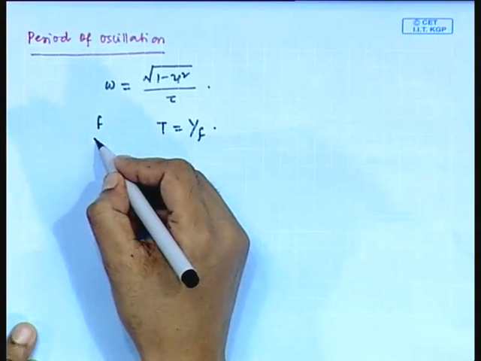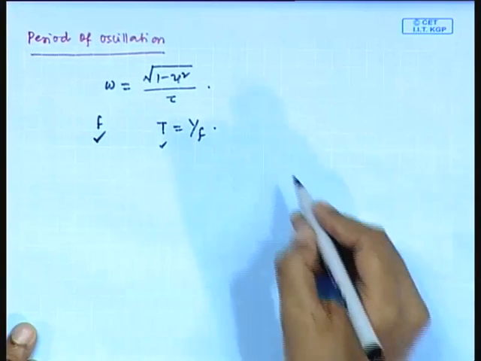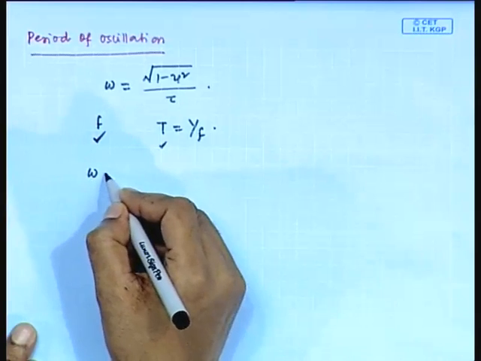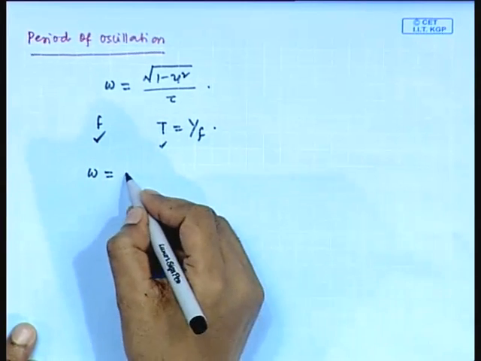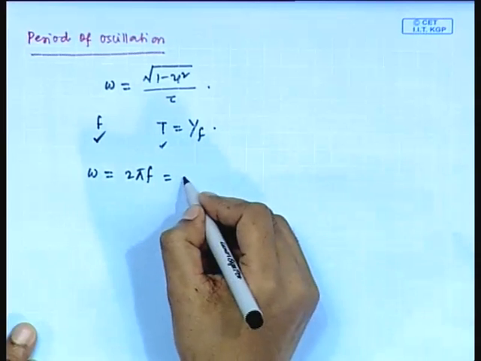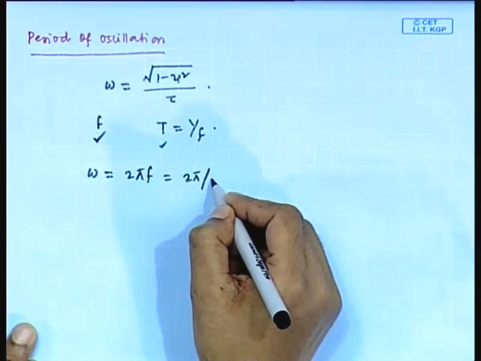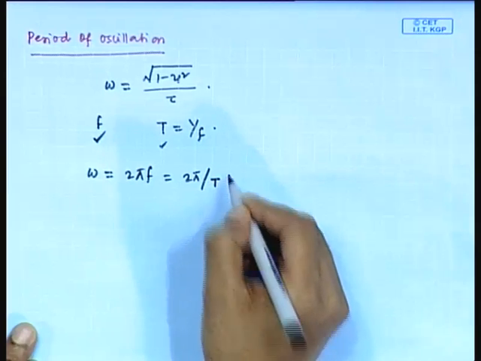If f is the cyclical frequency, then obviously the period becomes 1 by f. Fine. So, what is the radian frequency omega? Omega equals 2 pi f. Again this equals 2 pi divided by T.